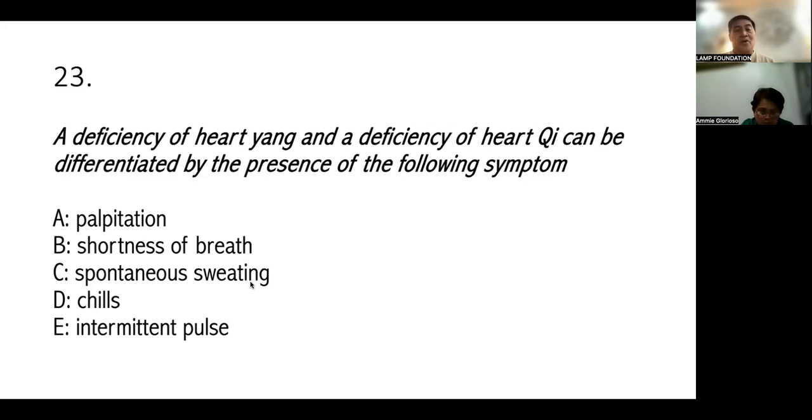Di ba sinabi mo kanina, ang pagkakaiba ng heart qi deficiency sa heart yang deficiency is the presence of chills or yung lamig, no? So ngayon, punta naman tayo sa tongue. Ano pagkakaiba ng heart qi deficiency sa heart yang deficiency?